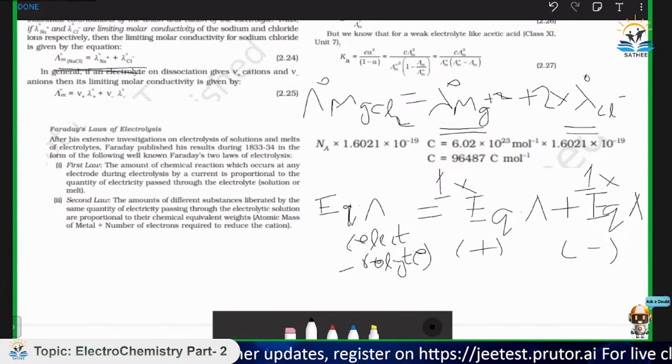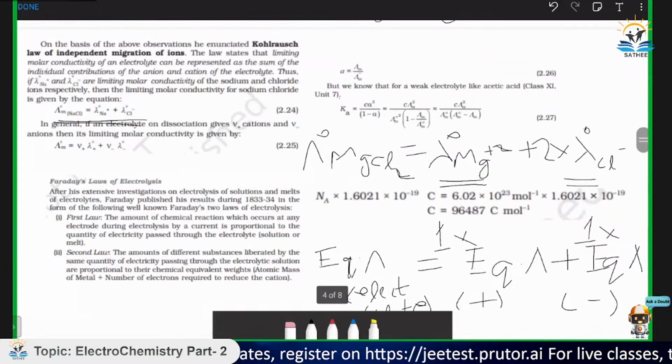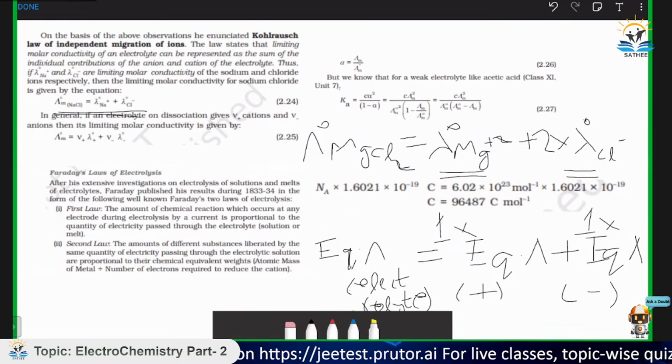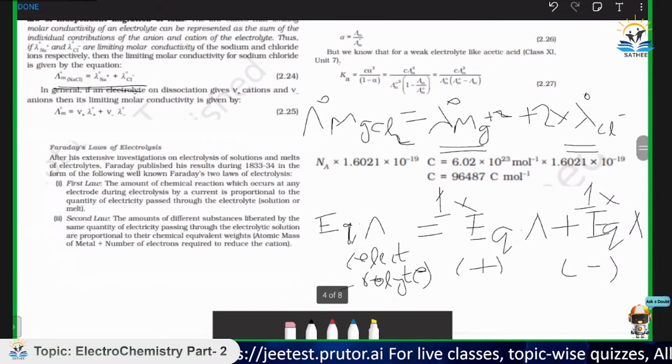For equivalent conductivity there is no need of multiplying with 2 and all. For molar conductivity you have to multiply.